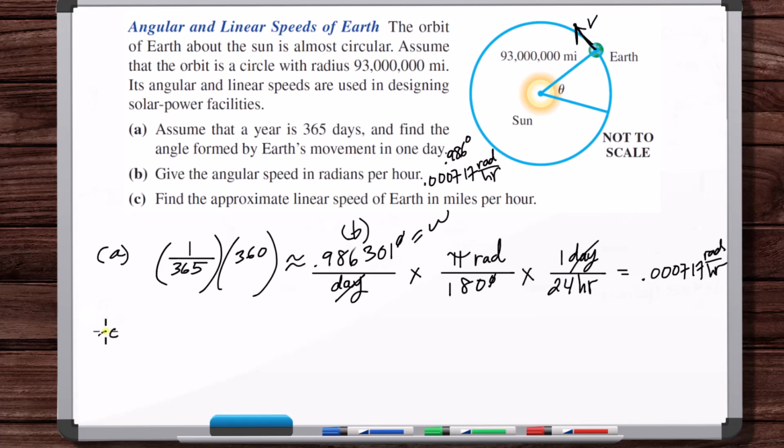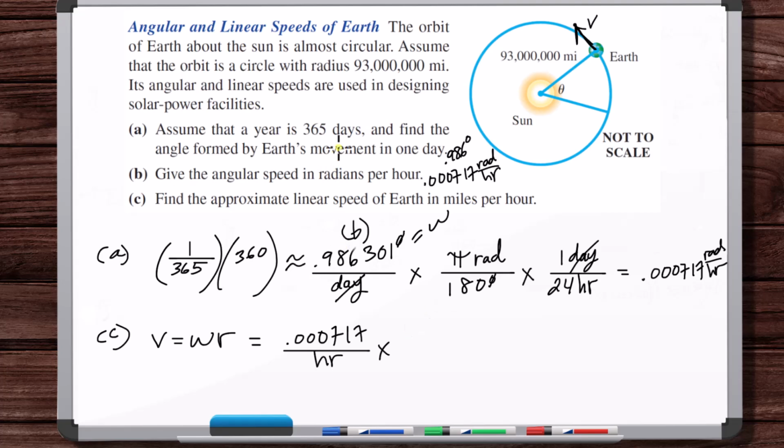So, okay, we can use the formula V is equal to omega R, and we want miles per hour, so we'll stay in hours. All right, so 0.000717 per hour. We won't put the radian units. Okay, and then, well, let's do this. We'll go ahead and do the conversion right now.